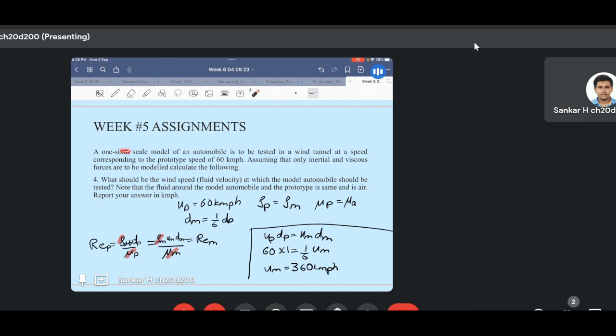It is given here that it is a 1/6 scale model of a prototype, so the diameter of the model is in fact 1/6 times the diameter of the prototype. Therefore, the model automobile will have a velocity of 360 km/h.